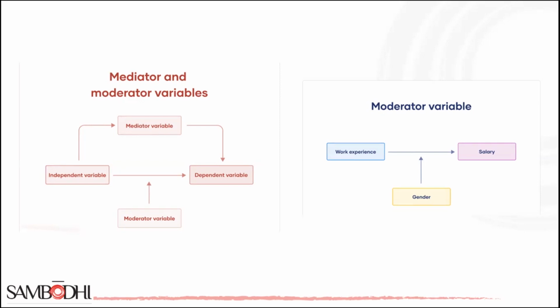A moderating variable is one that has a strong contingent effect on the independent and dependent variable relationship. That is, the presence of a third moderating variable modifies the original relationship between independent and dependent variable.